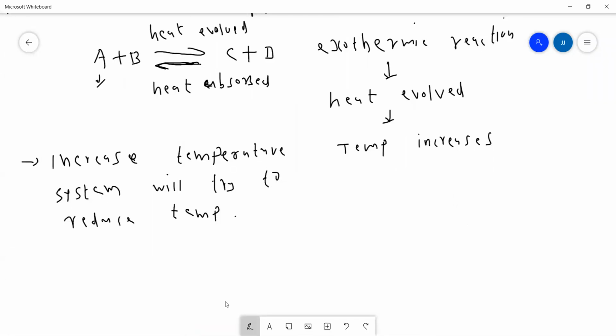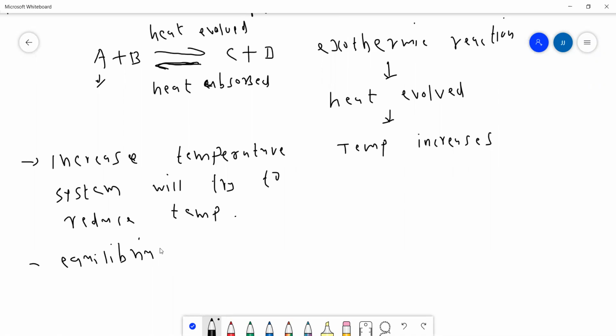So let me write: the equilibrium conversion is reduced.